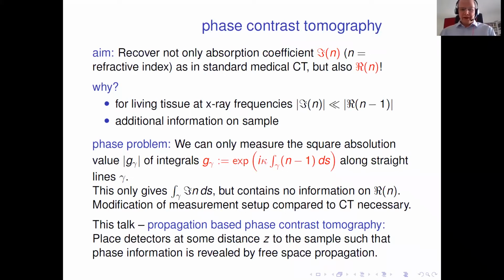What I'll talk about today exclusively is propagation-based phase contrast tomography. What you do there is very simple experimentally. You just let the wave propagate after passing the sample, and then in free space propagation, even the absolute value of the propagated wave depends on the phase information in the exit plane.